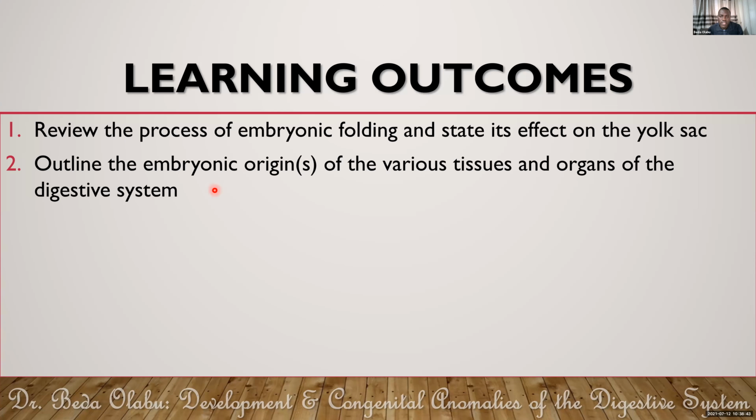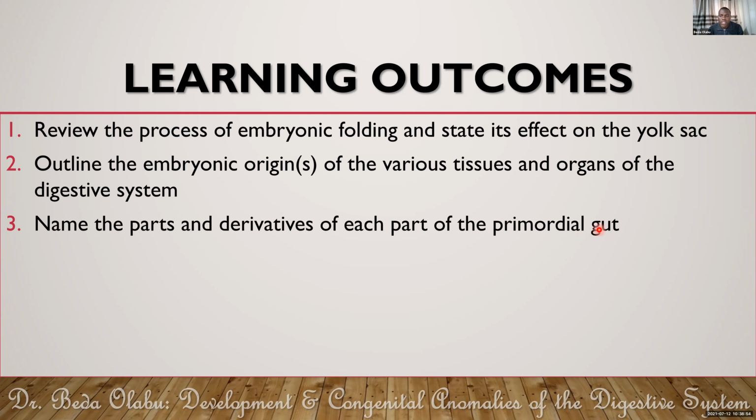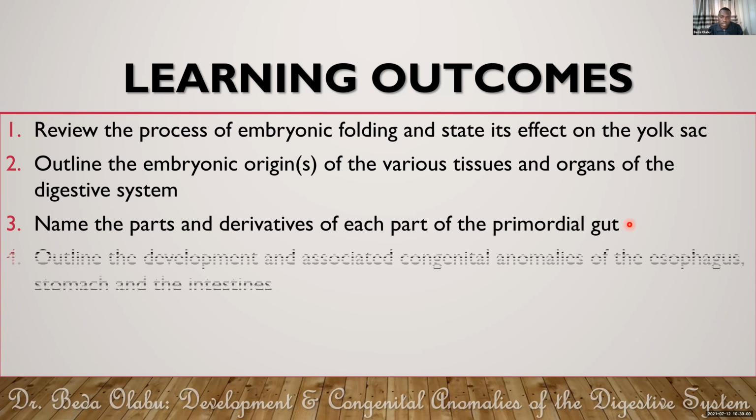After that, we're going to outline the embryonic origin of the various tissues and organs of the digestive system. Then we'll talk about the primordial gut, name its parts, and see the derivatives of each part.